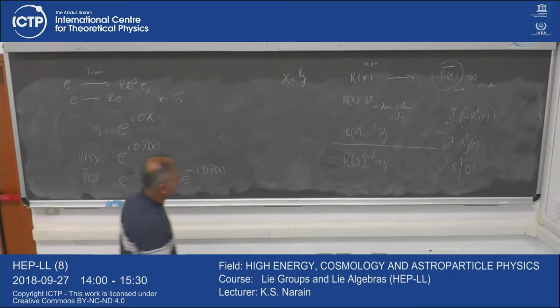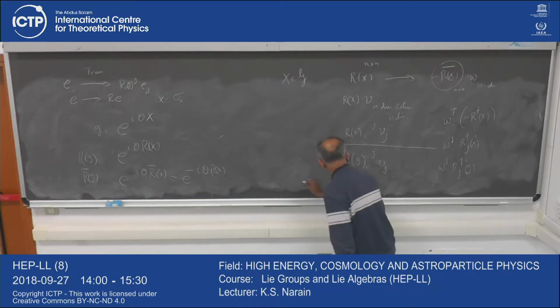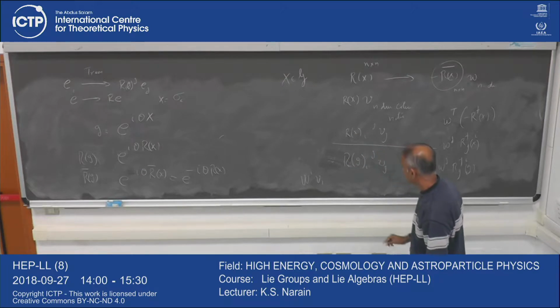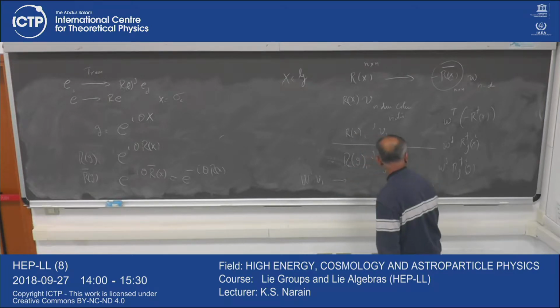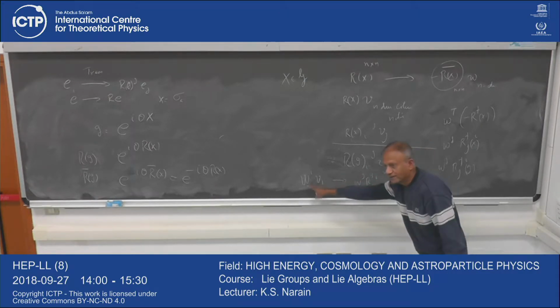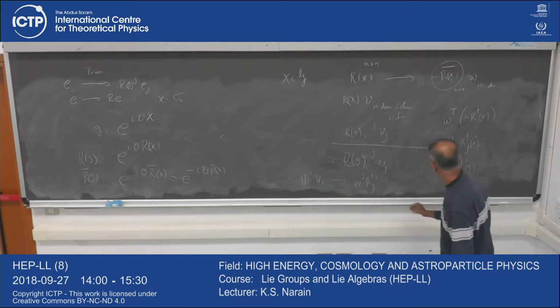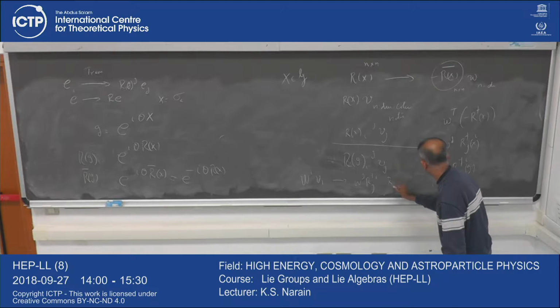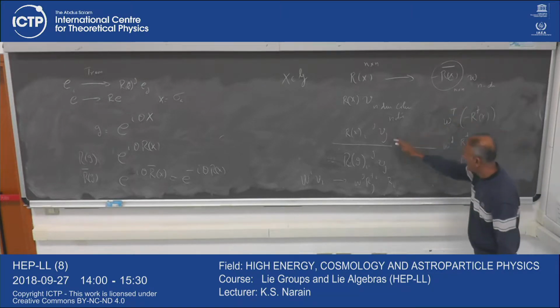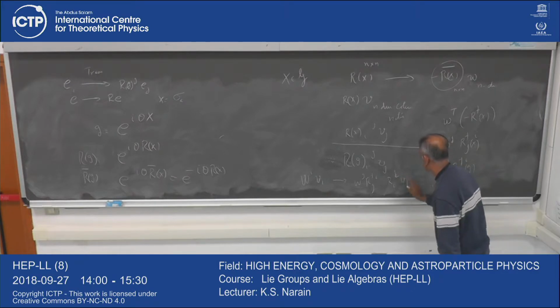So what we are seeing is that if I compute this combination Wi, Vi, it will transform like Wj, Rj dagger i. That's the way W is transforming, and V is transforming as Rik, Vk.